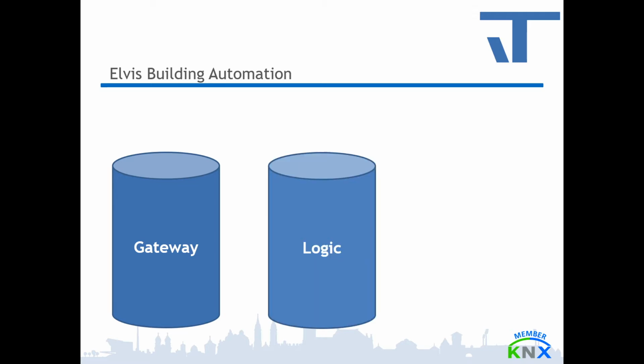The second pillar: Elvis is a powerful logic engine. You can start building logic with the integrated system of Elvis, from the classic scenes, sequences and schedules. If this is not enough, you can build logic with a graphic editor, which is also possible as a graphic custom item. So what does custom item mean?